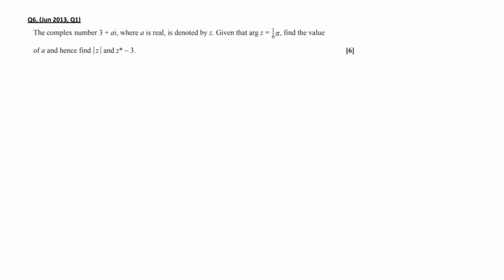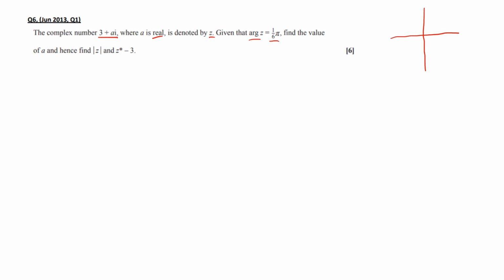So, the complex number 3 plus ai, so we've got an unknown a, where a is real, is denoted by z. Given that arg z is equal to 1/6 pi, find the value of a. Then we'll work with that a bit later. So the first bit, I'm thinking we've got arg, so let's draw an Argand diagram.